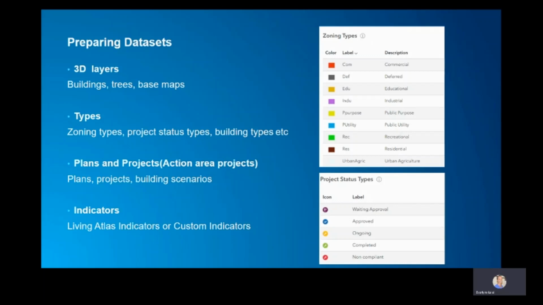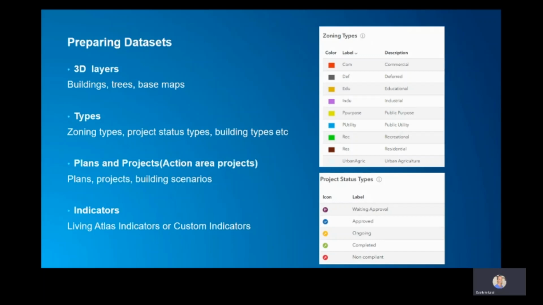Then the other thing that you will also need is what we call the indicators. A good source of the indicators will be the Living Atlas. The Living Atlas is a collection of geographic information from around the world. These mainly include maps, applications, and data layers. To access this, simply go to livingatlas.arcgis.com, and then you're able to search for specific data sets that you need, and add them to your Urban.